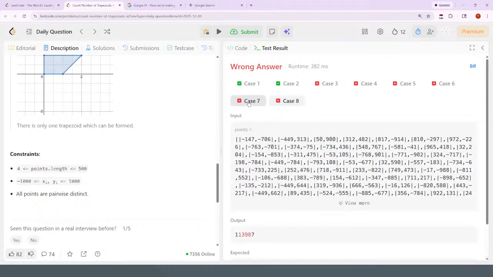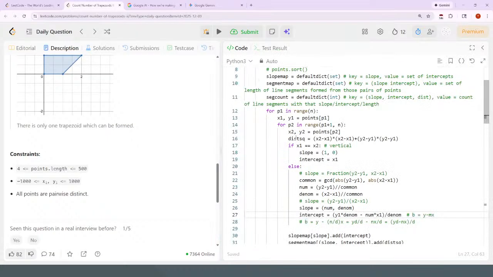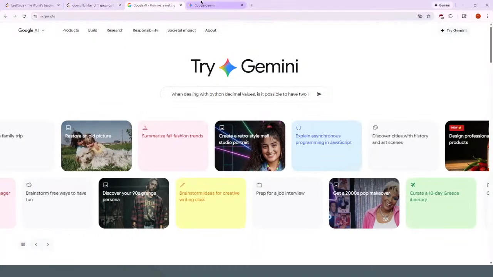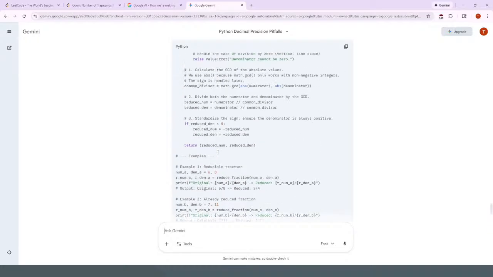And that just is all sorts of off. Oh my god. Did I do this wrong? Slope is numerator times denominator. Must have done something wrong here. Gemini, what's going on, buddy?